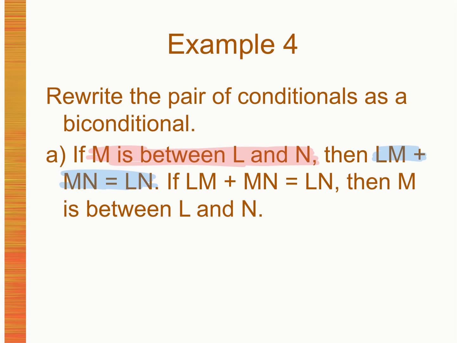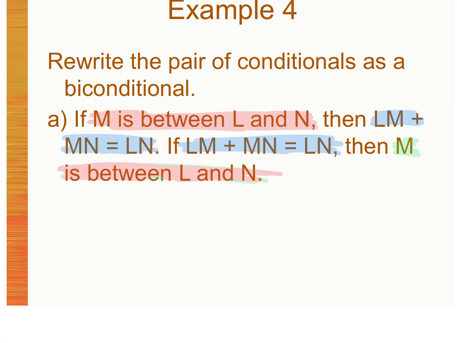Again, looking at the next one, it says if LM plus MN equals LN, then M is between L and N. So I'm going to write both of these as a biconditional statement.